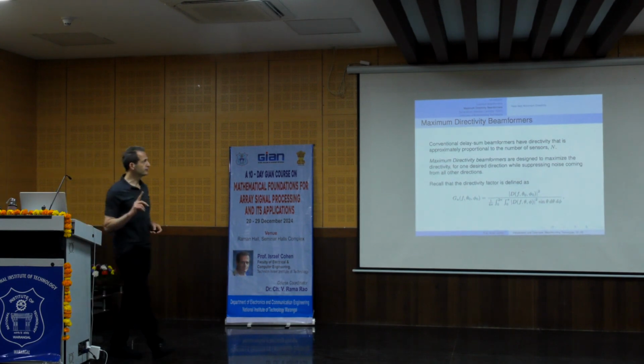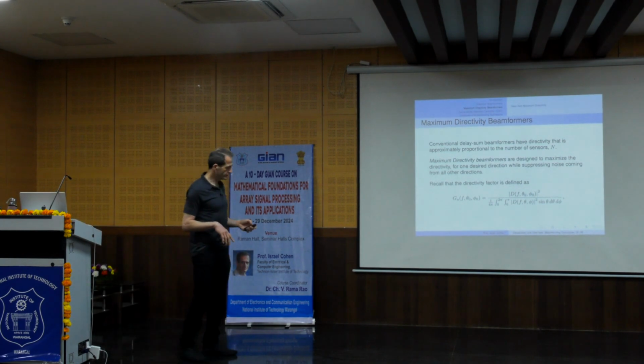Maximum directivity beamformer. So I talked about when you want to maximize the directivity of the beamformer. This is the expression that we got for far field. If it's near field, of course, we need to change in the numerator the beam pattern for the near field source.